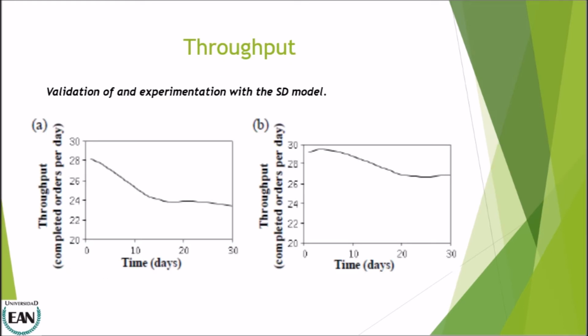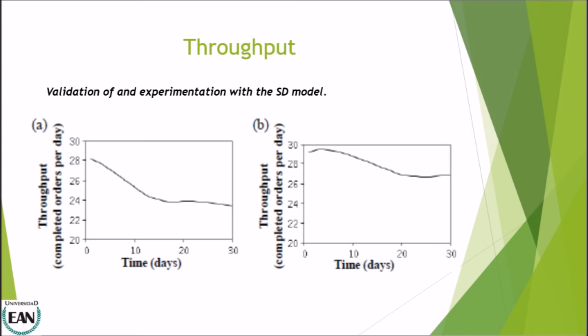Throughput. The SD simulation results show that throughput increases slightly in the first few days before dropping. The increase in throughput at inception is a result of the improved efficiency level in sorting, which provides a starting boost to the system before it is loaded with more job orders.